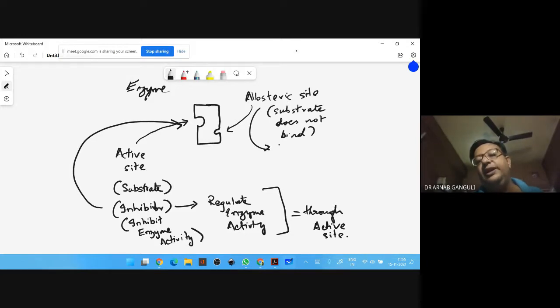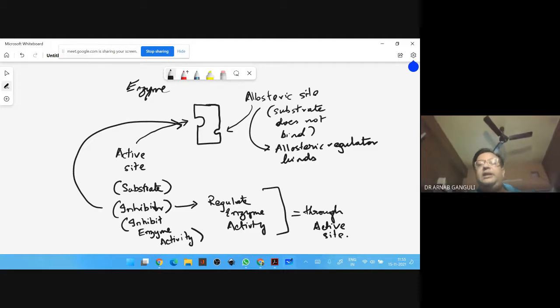Another regulator known as an allosteric regulator binds here.